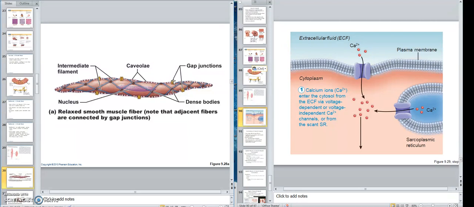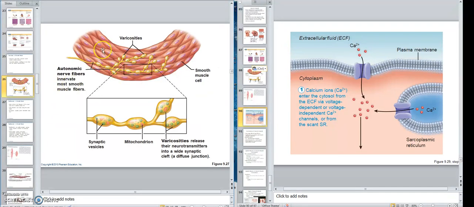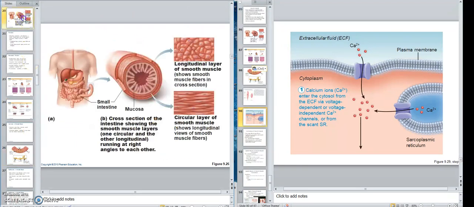So the only way to get that occurring is to hook a lot of these muscle cells together by gap junctions, so the signal can consistently, listen to me, the signal can consistently go to all of them and squeeze down. We want the whole thing to squeeze down.